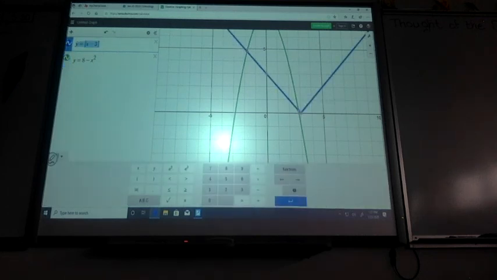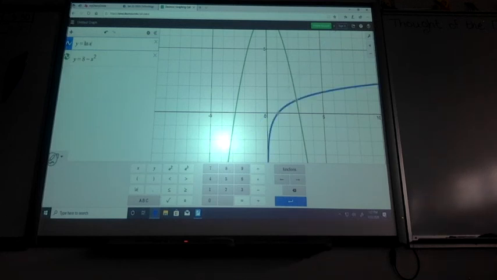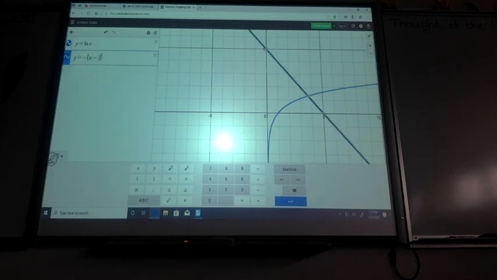So we want to find the intersection. So I got y equals natural log of x. And y equals negative, help me, (x minus 5) quantity squared.